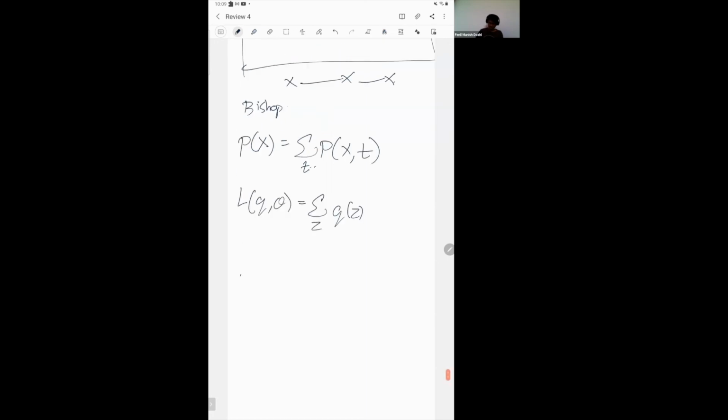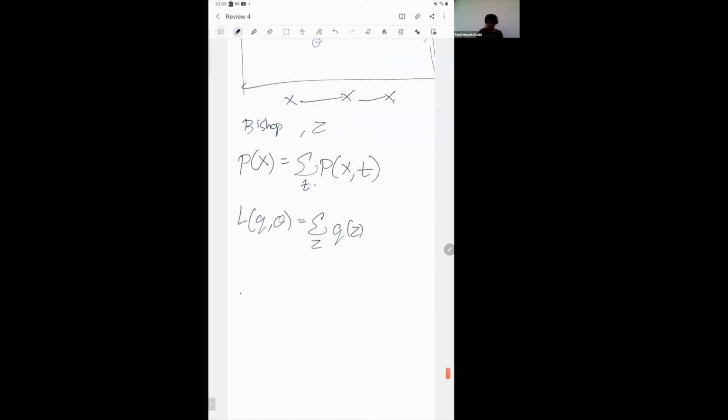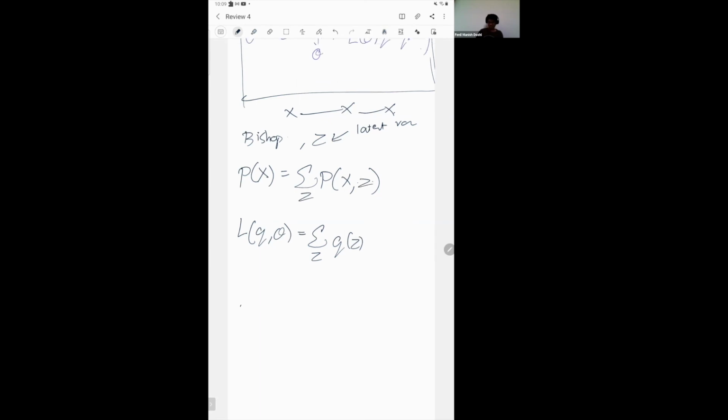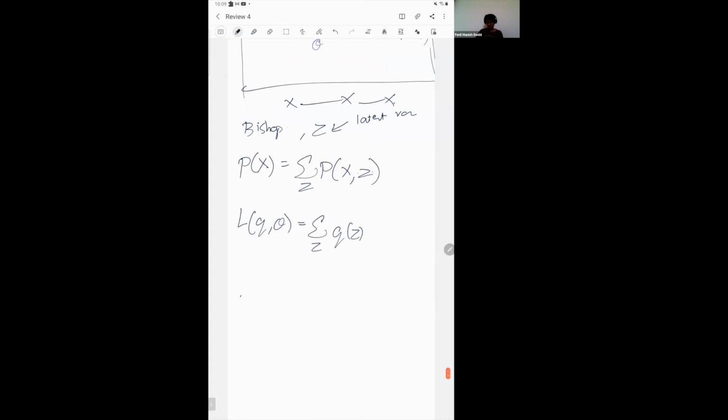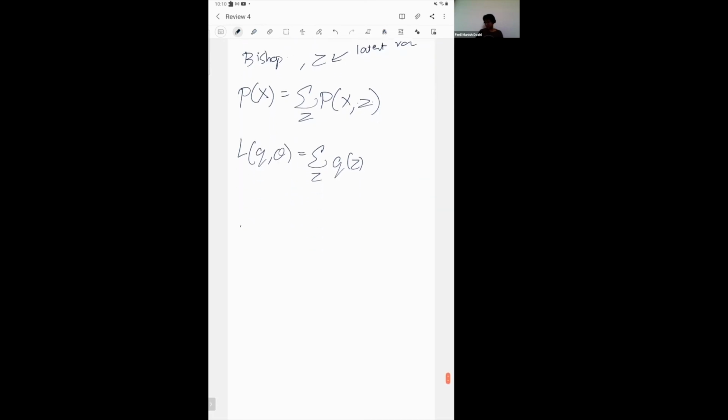In Bishop, the common notation is z for the latent variable. I'm using z and t interchangeably. In most textbooks you would see z, the common naming convention for the latent variable.